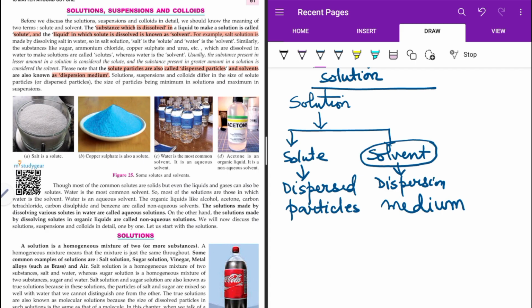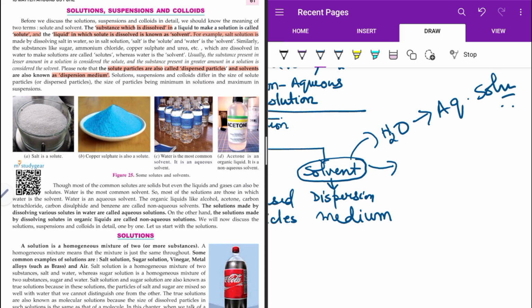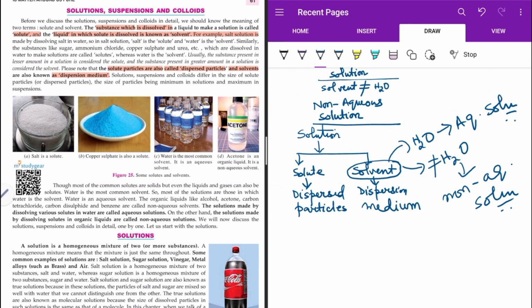And I said that if the solvent is water, then such a solution is termed an aqueous solution, and if the solvent is not water, then that solution is termed a non-aqueous solution. Now, these are the examples we are seeing. Salt is a solute.